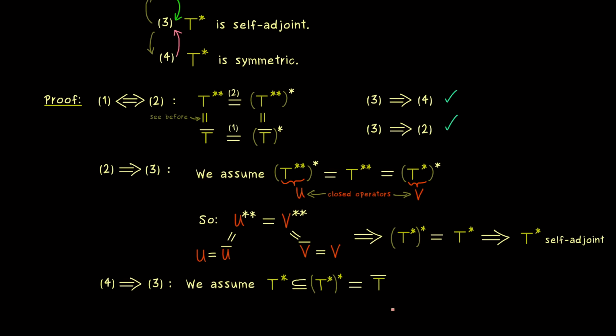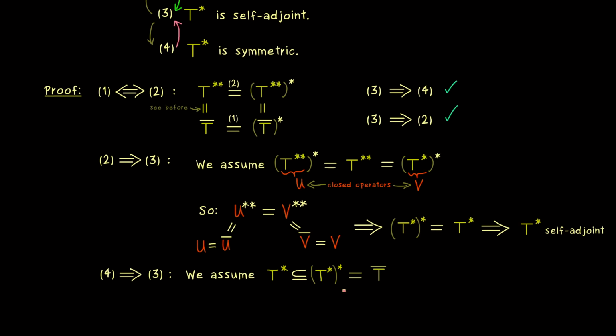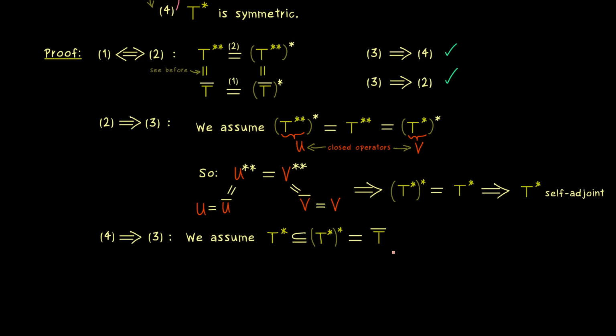And similarly to before, we can use that both operators are closed operators. And we can combine that with the fact that T itself is also a symmetric operator. And by definition, this means that T star is an extension of T. Hence what we get here are two extensions of our original operator T. Both are closed operators and we know this is possible.